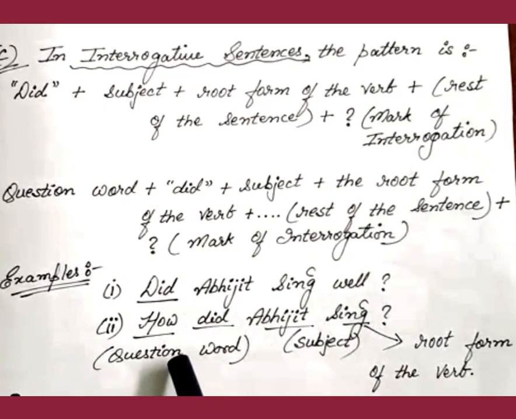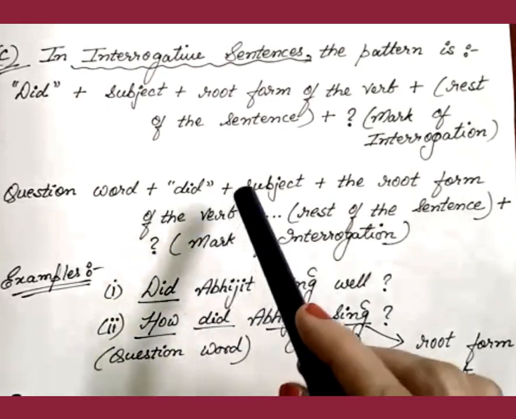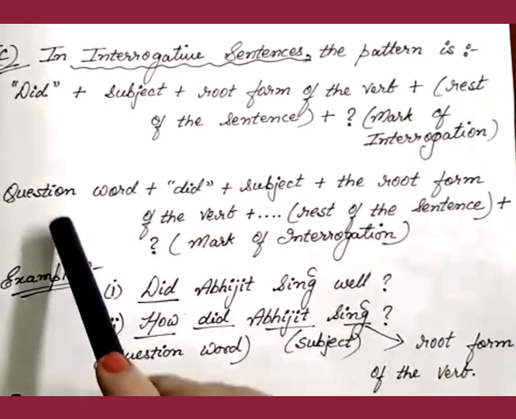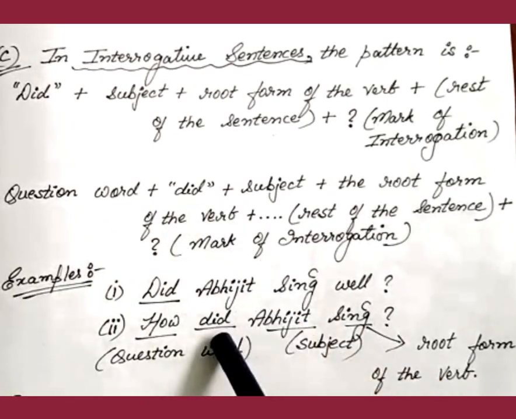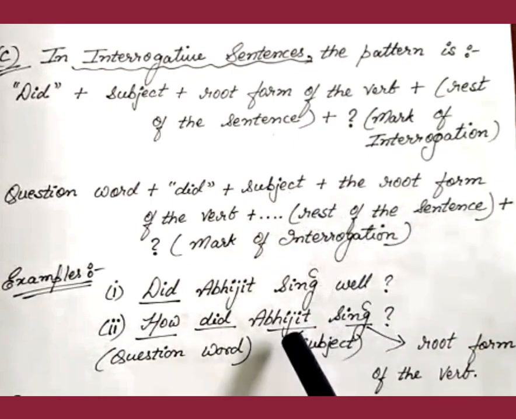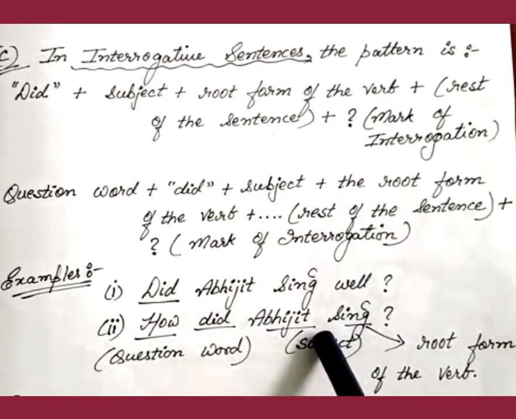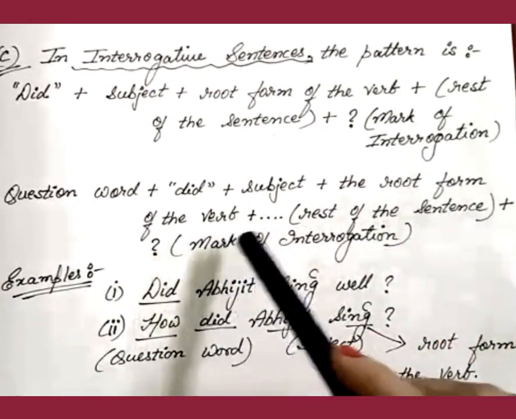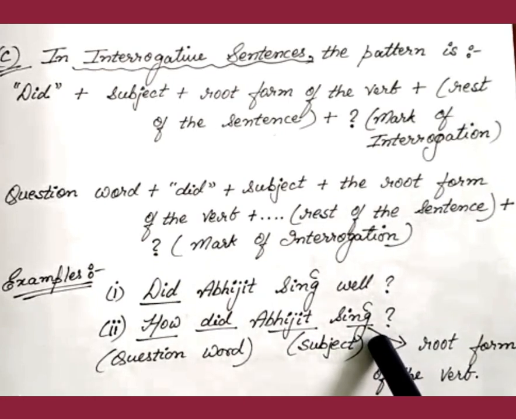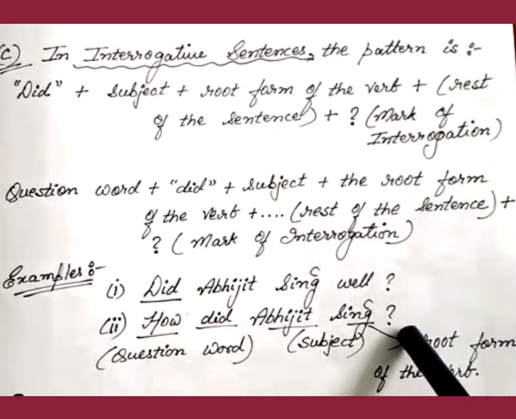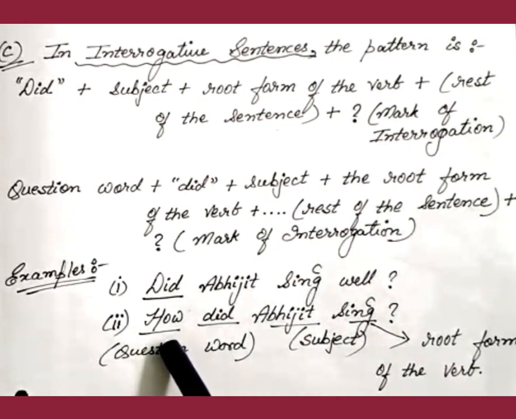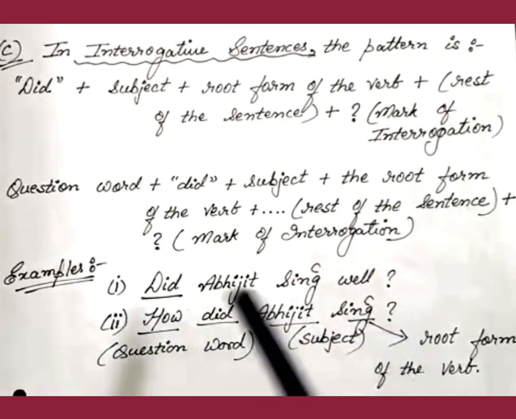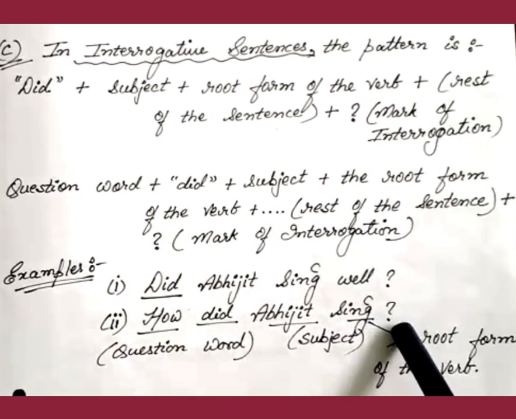Now for a second example, we have followed the second pattern. Question word how, plus did, plus the subject Abhijit, plus the root form of the verb, that is sing, plus the rest of the sentence, nothing, because we have added a question word in the beginning, plus the question mark, that is the mark of interrogation.